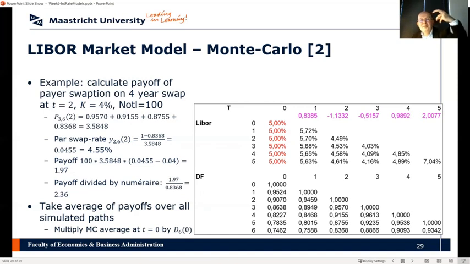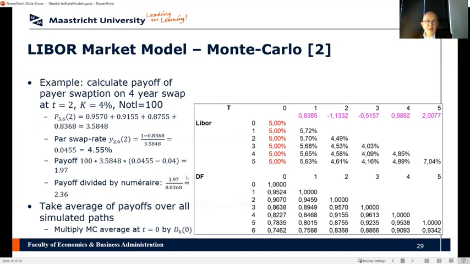But I have to take care of my numeraire. What is my numeraire? Well, the numeraire is this 6-year discount factor that is living here on this bottom row. So the value of the numeraire at time 2 is the value of the 6-year discount factor at calendar time 2, and this is 0.8368.